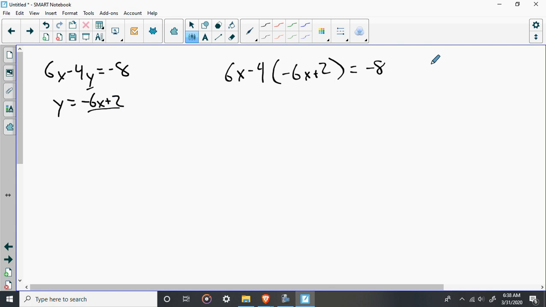Okay, so again, let's distribute. -4 times -6 is going to be positive 24x. -4 times positive 2 will be -8. Okay, so let's simplify.